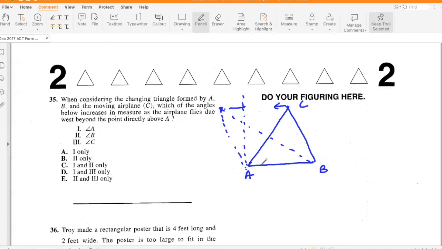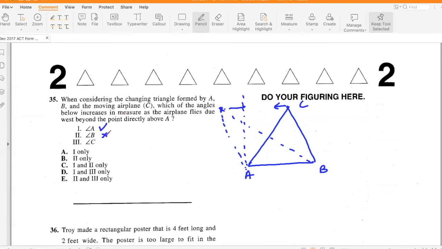So you can see that A will definitely increase, because this was acute here and now it has become obtuse, and B will definitely decrease. So which of the angles increases? A definitely increases and B does not. What happens to C? Let's think about it.